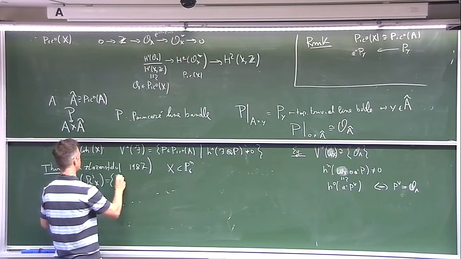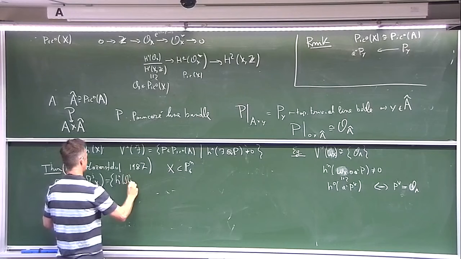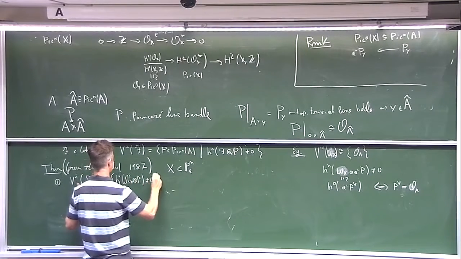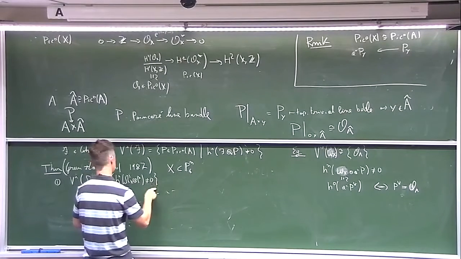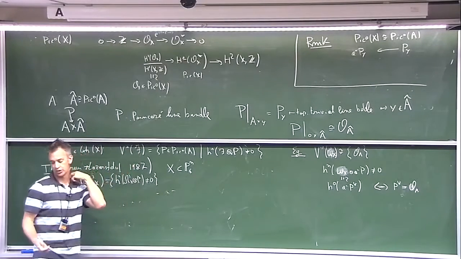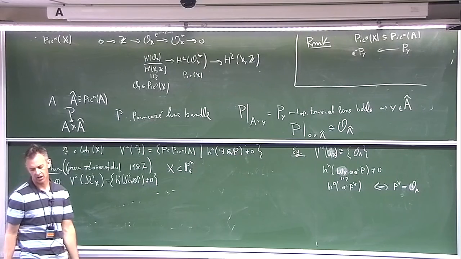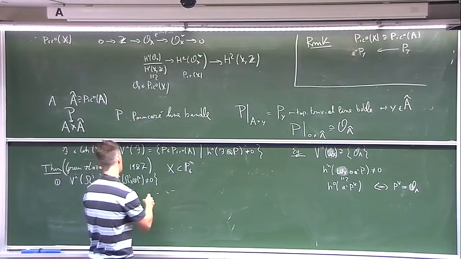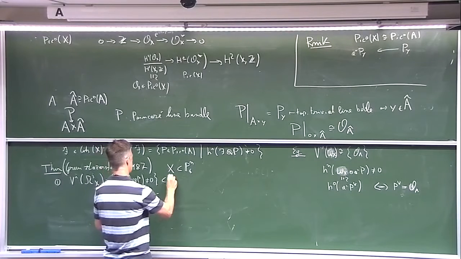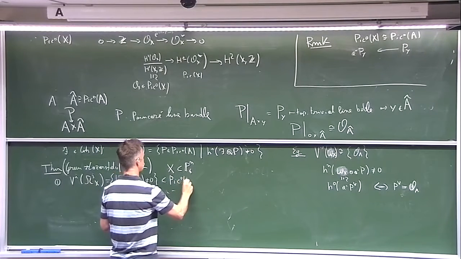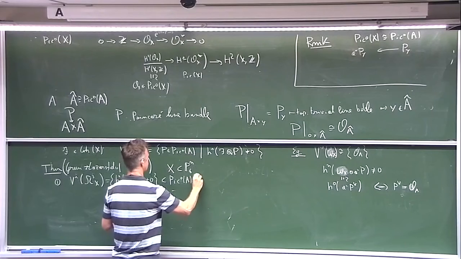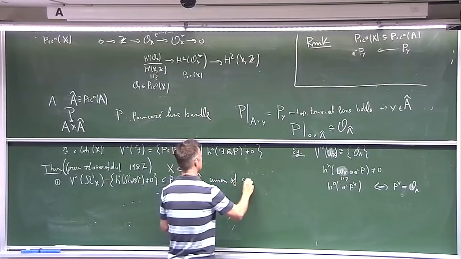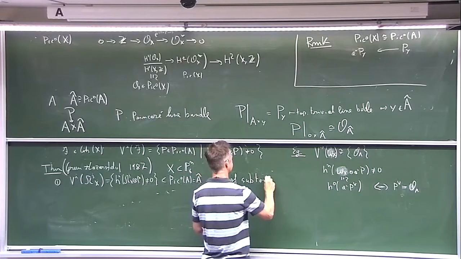So the set of P such that H^i of omega^j X tensor P is different from 0. Then these are a union of torsion translates of subtori of Pic^0 of A. So this is contained in Pic^0 of A, or if you want, A hat, and it's a union of subtori.